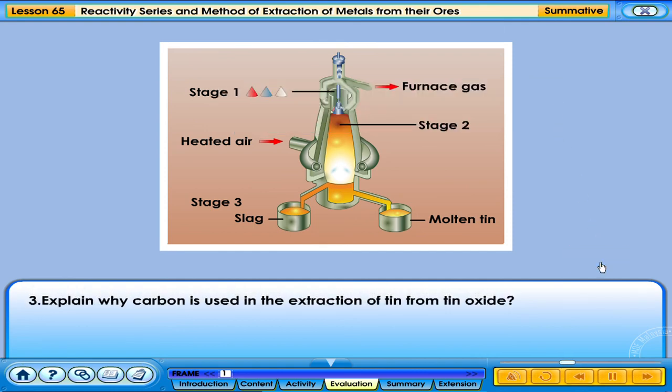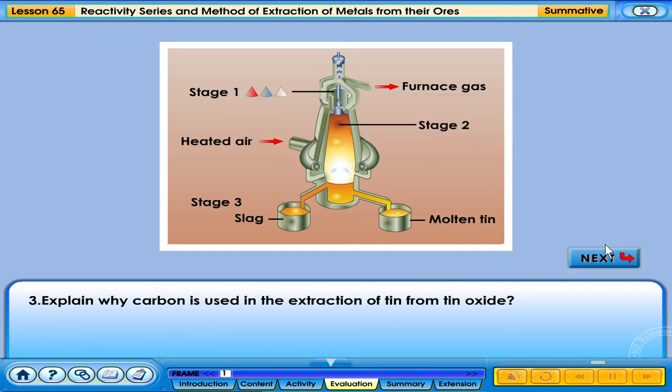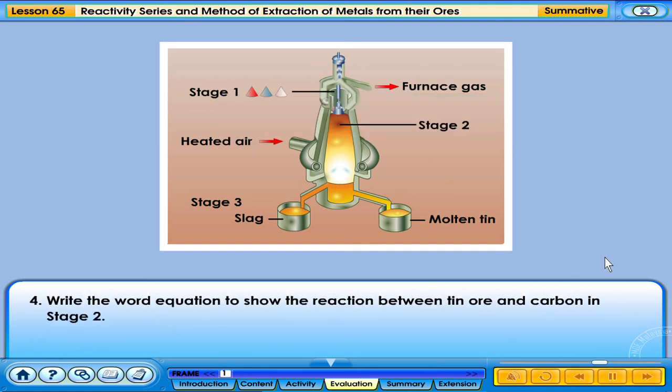3. Explain why carbon is used in the extraction of tin from tin oxide. Carbon is more reactive than tin. Carbon will extract oxygen from tin oxide. 4. Write the word equation to show the reaction between tin ore and carbon in stage 2.